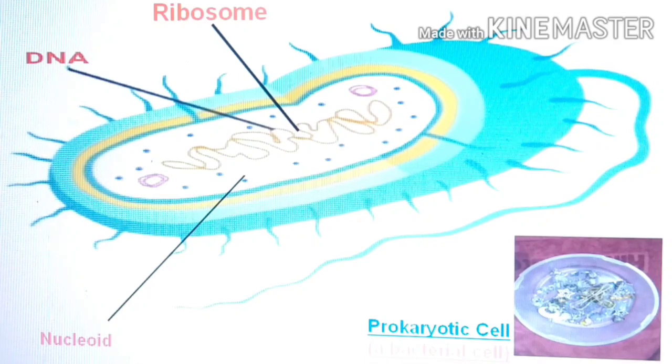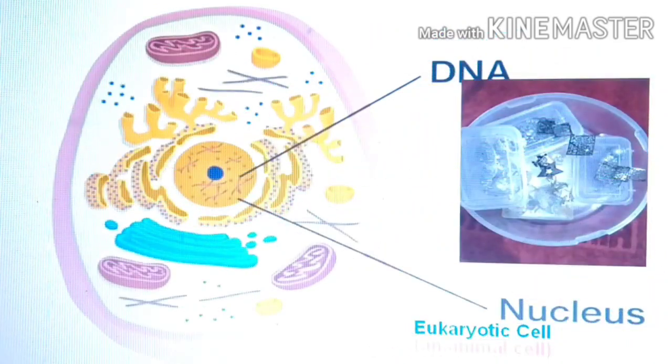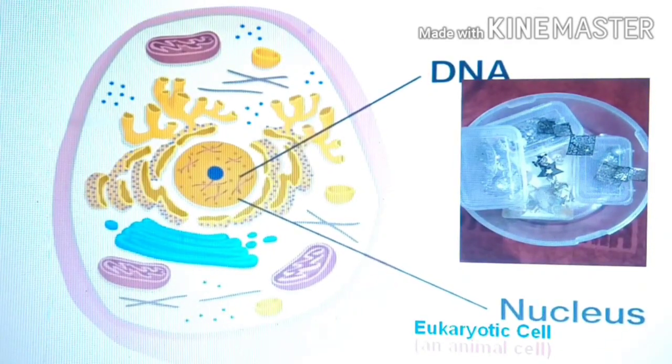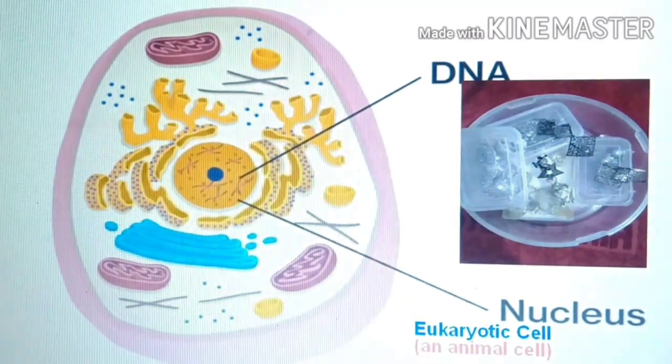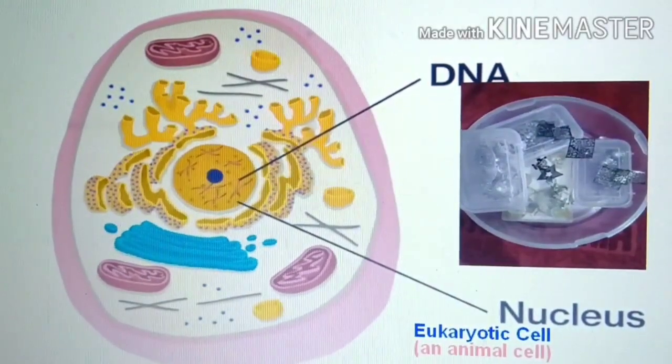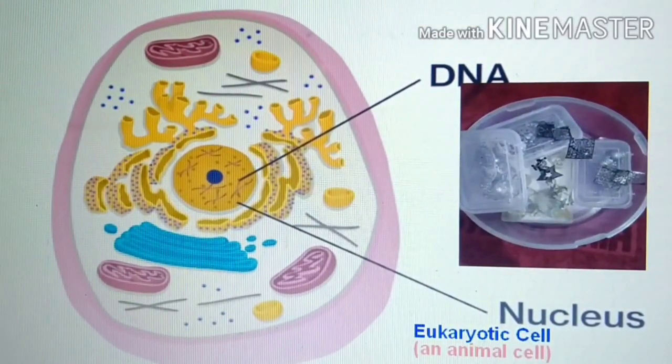And on the other hand, let us see another cell, the eukaryotic cell, and it is an animal cell. In that animal cell, you can see the different cell organelles, and they are arranged in proper shape.